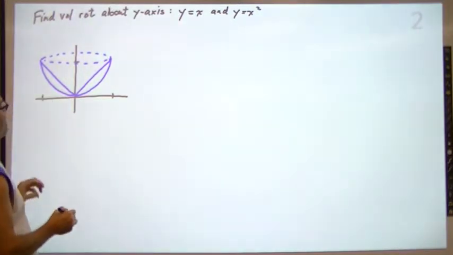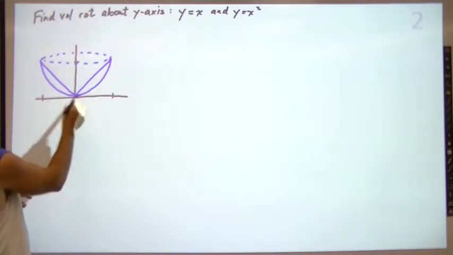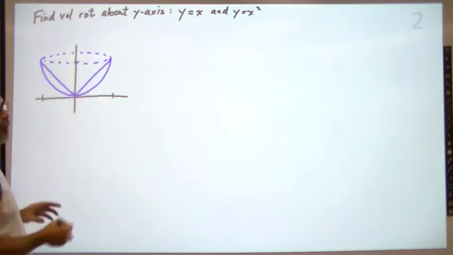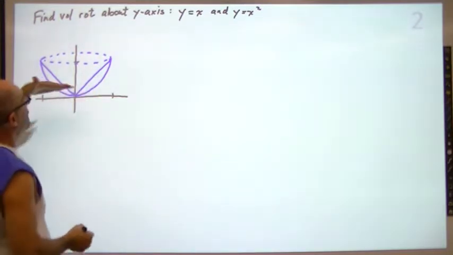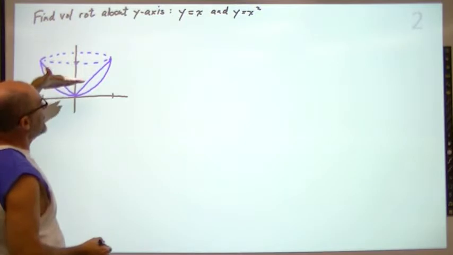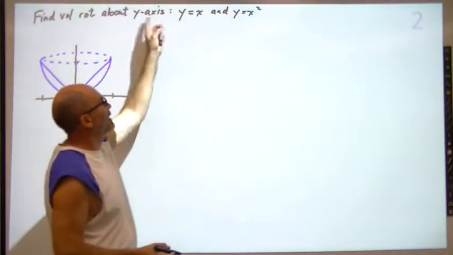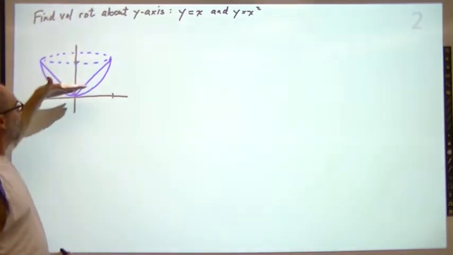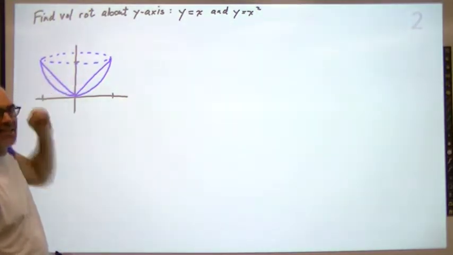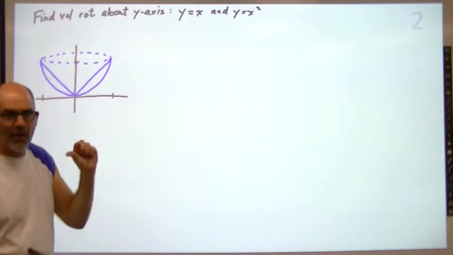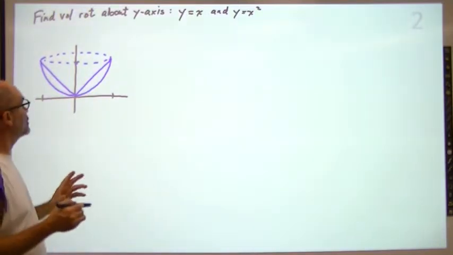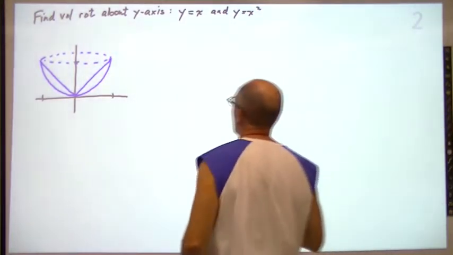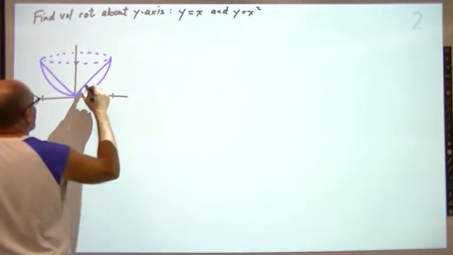Now, before when we did this, we were looking at disks that went horizontal. So we would have needed to change this into x equals y and x equals square root of y, because with horizontal disks we needed dy thickness. Well, now we're using shells. So our shells are going to be dx thick.